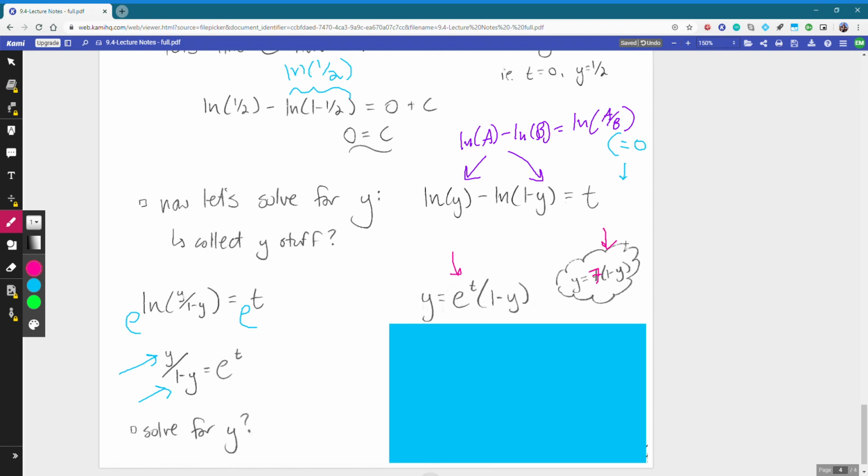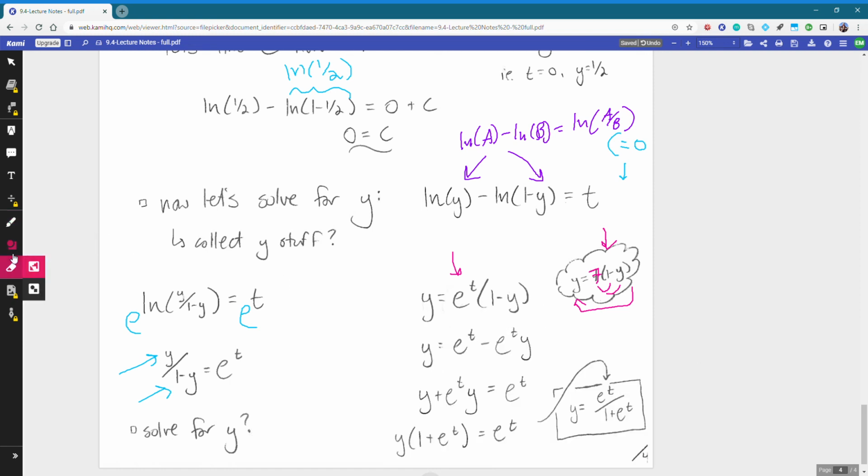Well, I think this is feeling a little bit more manageable. What we want to do is take the 7, distribute it through, bring our y stuff to the left-hand side, maybe pull out that common factor and divide by the coefficient. That's exactly what we're going to do here, except instead of 7, we have e to the t.